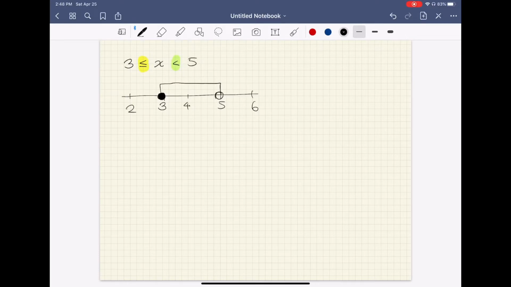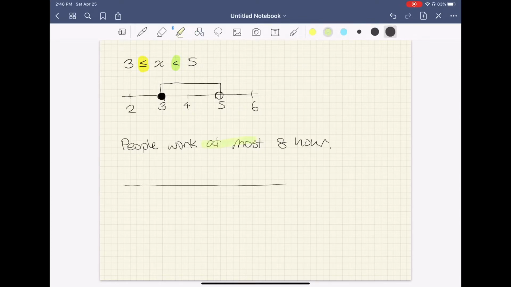Okay, now if a question says that people work at most 8 hours, then how do you represent this statement on a number line? We know that at most 8 hours means that you can work up to 8 hours.